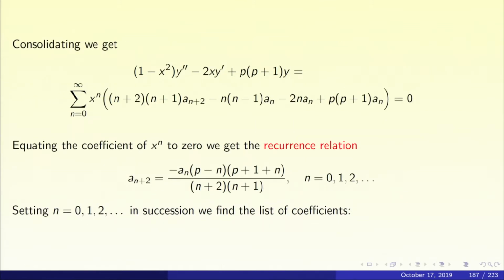Put n equal to 2 and we get a4 equal to minus a2 into (p minus 2) into (p plus 3) upon 4 into 3 in the denominator. But a2 has been computed in terms of a0 in the previous step. So substitute that a2 over here and we get a4 in terms of a0.